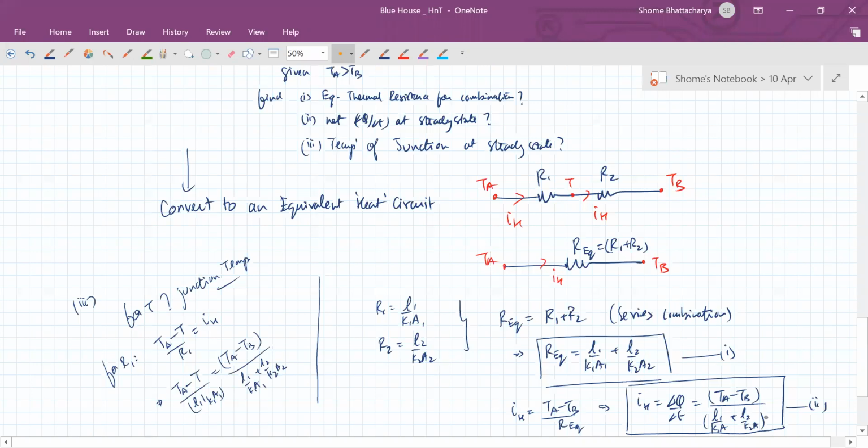Here also it should be separate areas A1 and A2. Anyway, from this we will get the unknown temperature T. So this becomes the solution for the third part of the question.